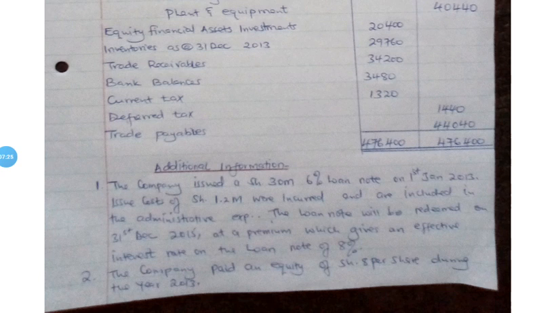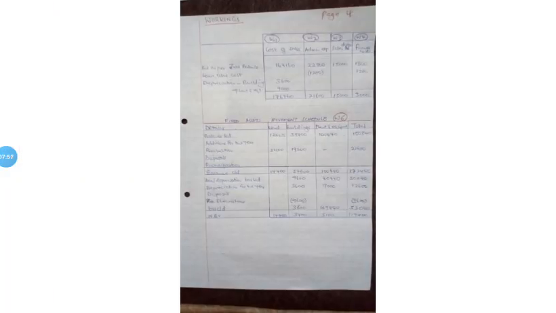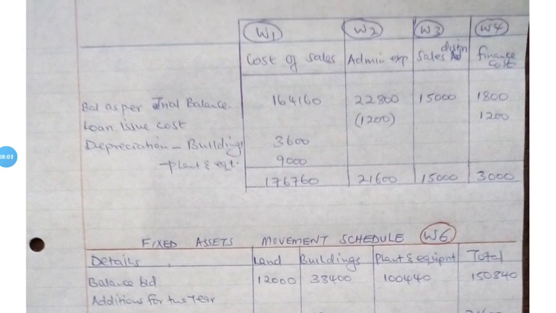If you can look at this one, we can see that it fits well in the category of finance costs. So what you are supposed to do is go to your administration expenses, still in our working, that is working number 2.